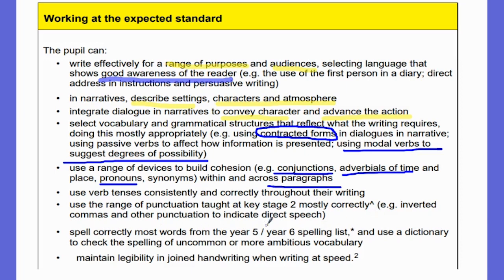Inverted commas, that's speech marks. And we would have seen some sort of sophisticated punctuation, colons, semicolons, things like that. Spellings mostly correct from the Year 5 list, and the handwriting was legible, and we could see some evidence of joining. So let's go through now and have a look.